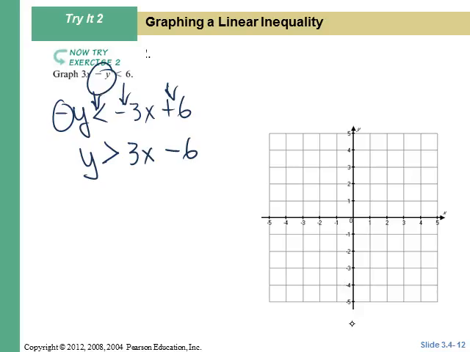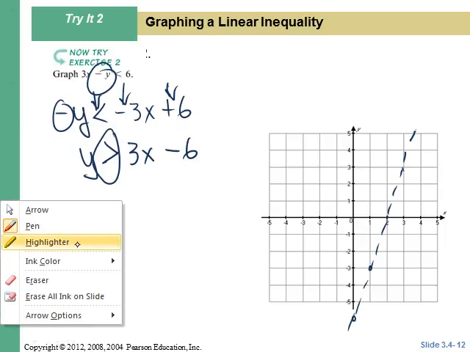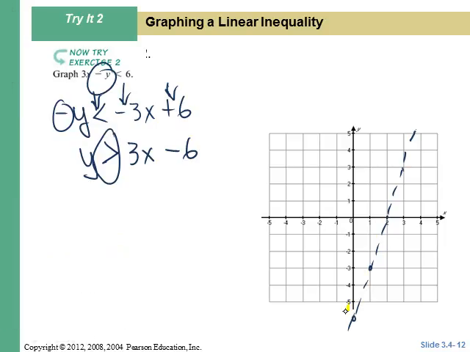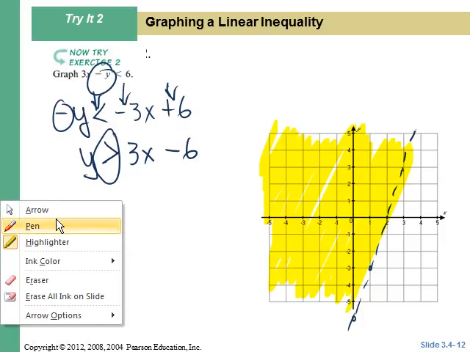So now our intercept is negative 6, and from there go up 3, forward 1, and it's going to be a dashed line, and it's greater than, so we're going to shade above the line. And 0, 0 does work, just as our check.